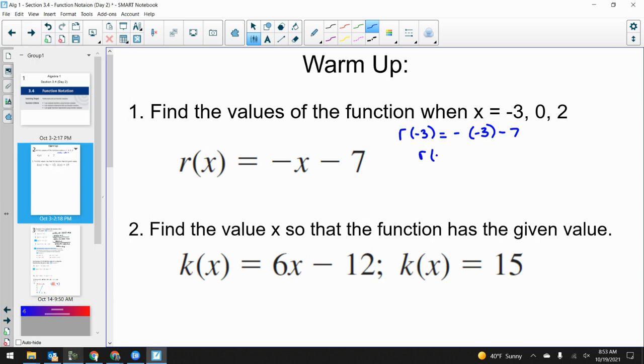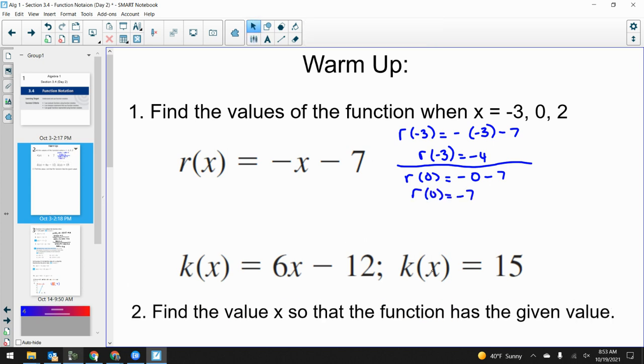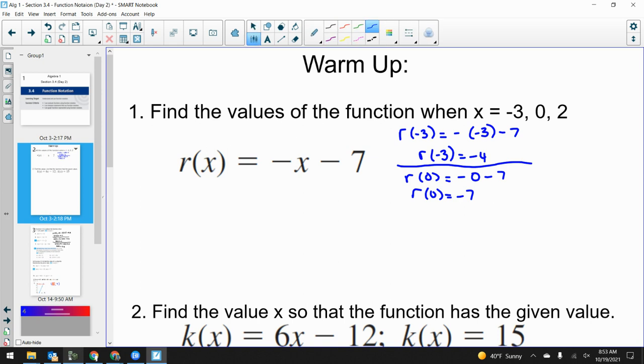So r of -3 is -4. And then we find r of 0, which is kind of easy to plug in. 0 minus 7 is -7. So r of 0 is -7. And then r of 2, which is -2 minus 7, or -9.